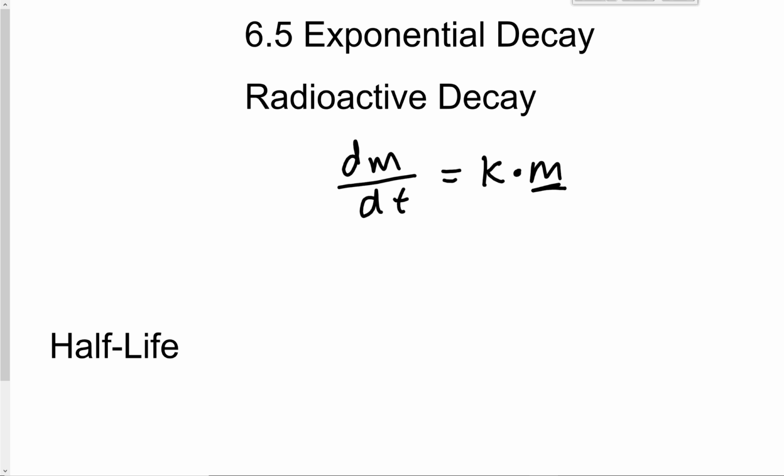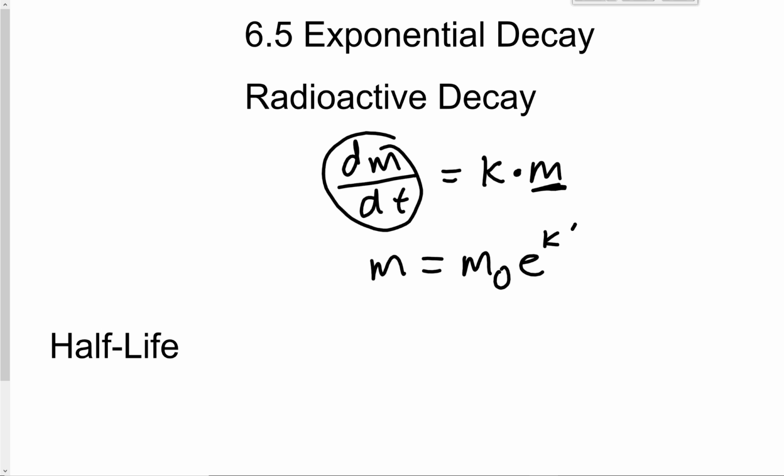So this is very much like the population and the rate of growth. It's the same equation. So that means we can write it using that one theorem. We can find our mass given our original mass, m sub 0, times e raised to the kt. So we can use this to find our amount of mass.